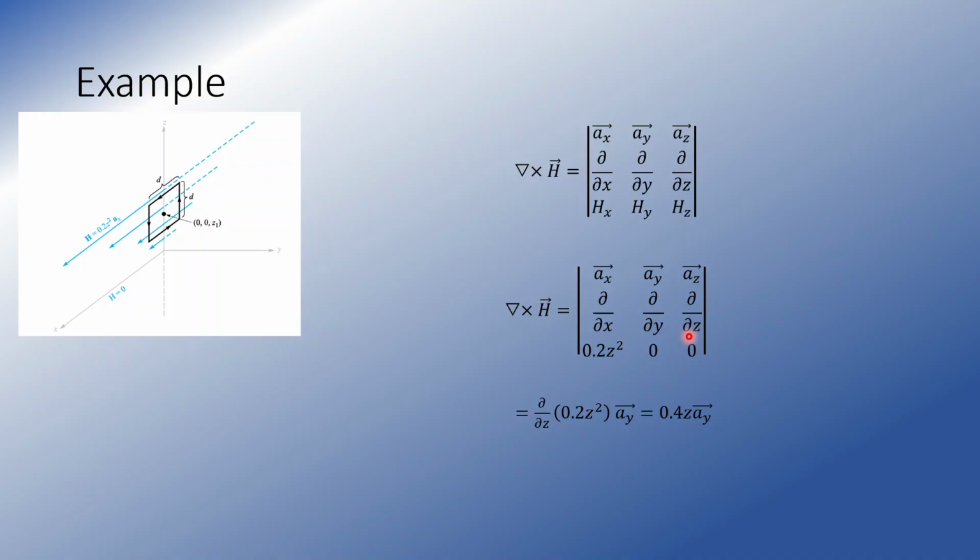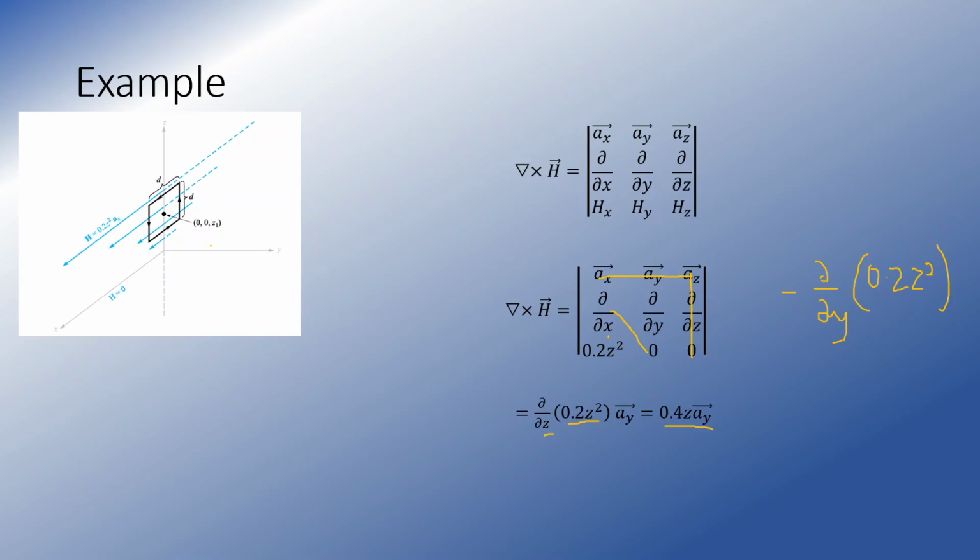And in the az direction, pay careful attention here: it will be dou by dou x times 0, which is 0, minus dou by dou y of 0.2 z square. Now, with respect to y, z is constant and the differentiation of a constant is 0. So that term becomes 0. We will be left with only the ay term: 0.2 z square differentiated with respect to z, we get 0.4 z ay.